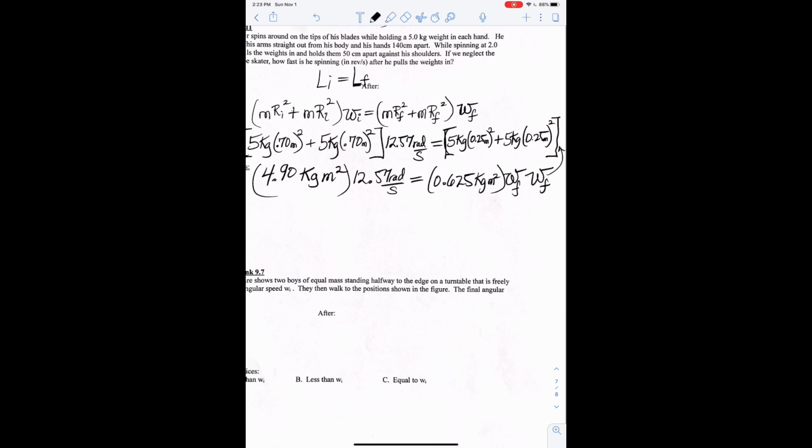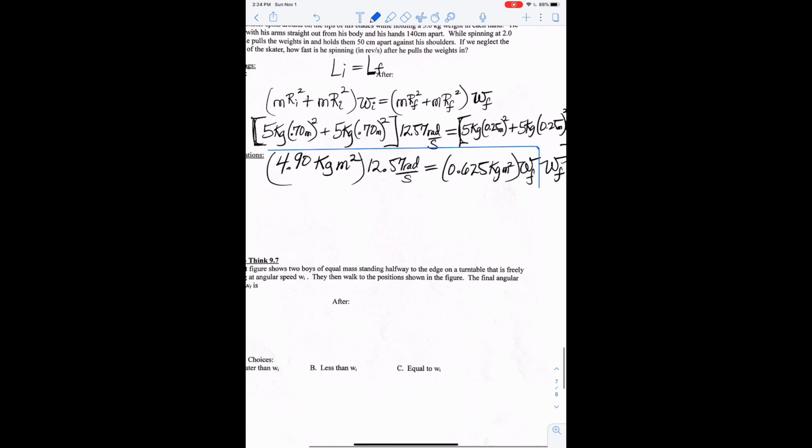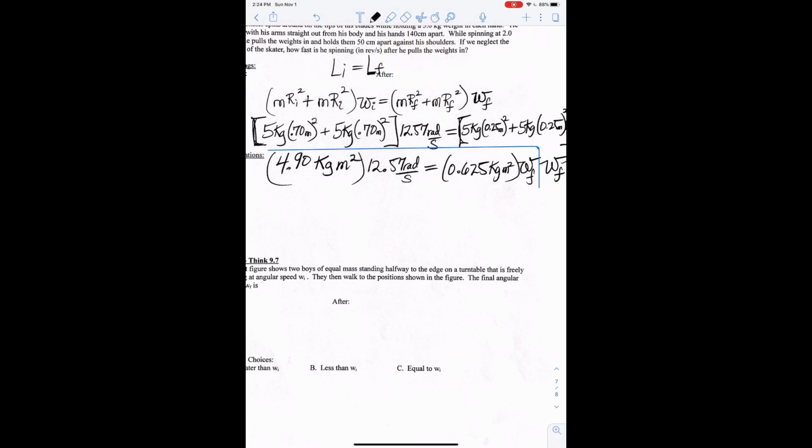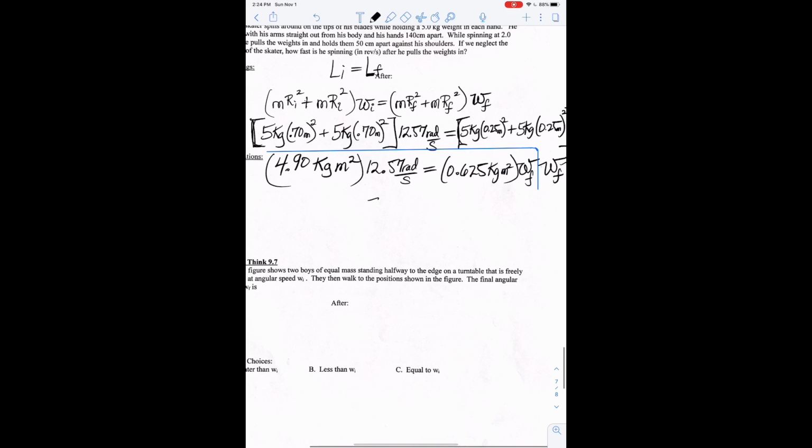Just try and keep that separate from what's above it. Okay, so we have something like that. Now we just divide by 0.625 on both sides, and we should be good. We should get radians per second as our final units, and omega f is going to equal 98.55.